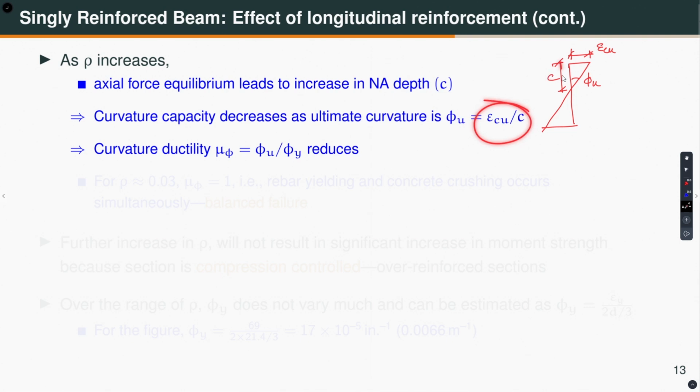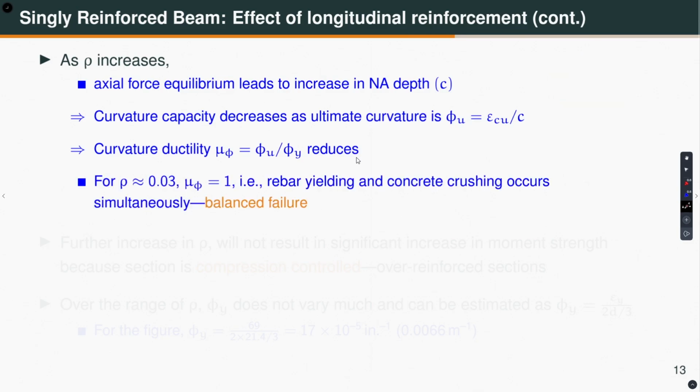Now, as the neutral axis depth increases because you are putting more steel, more concrete has to participate in taking the compression, so phi u has to reduce eventually. That means the curvature ductility also reduces as you put more and more steel. So, it is not a good idea to put more steel.